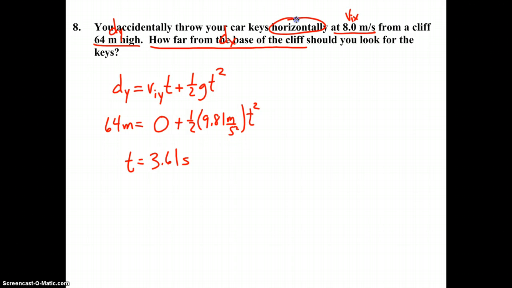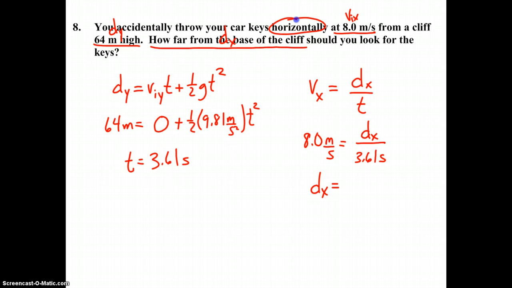Now that we know the time in the air, we can go over to our horizontal motion, which is Vx equals dx over t. Our horizontal velocity remains constant at 8 meters per second, and dx over 3.61 seconds.